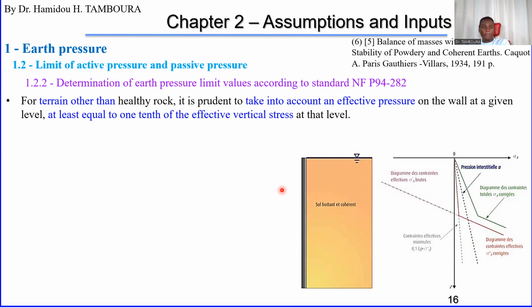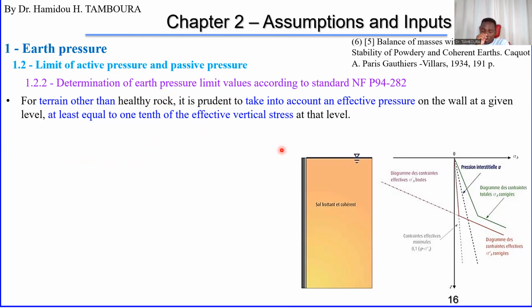In case of soils that are not rocks, it is sometimes safer to take into account an effective pressure on the wall at a given level.